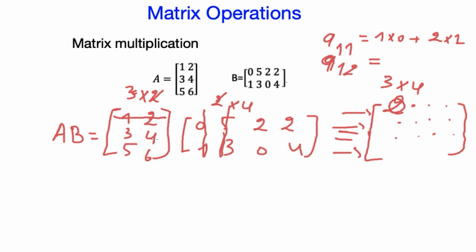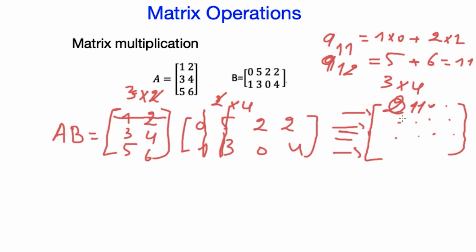So it is 1 times 5, which is 5, plus 2 times 3, which is 6, so 5 plus 6 equals 11. So it is 11, right here.